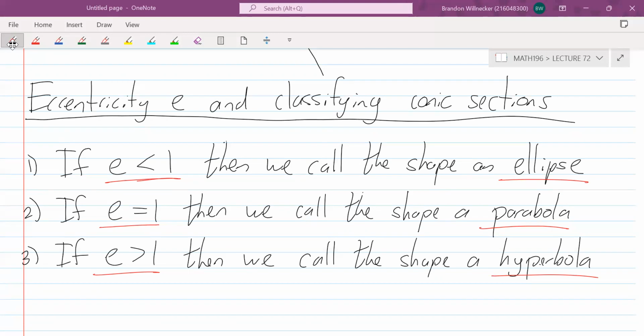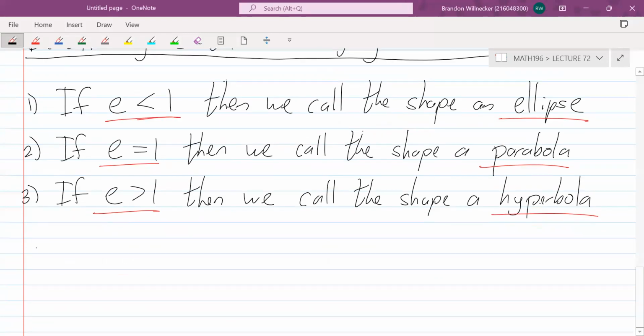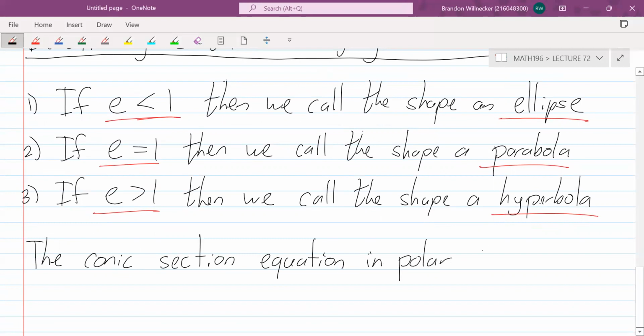Okay, so the conic section equation in polar form, that's what we're going to look at. In polar form, it is technically 2 equations, but we'll see that we can relate them.